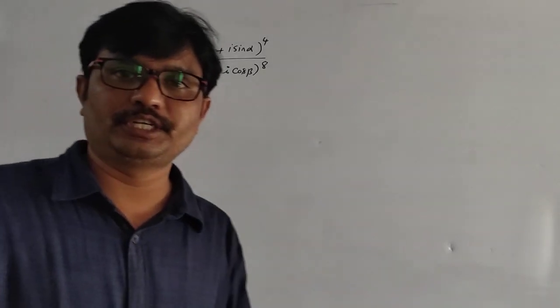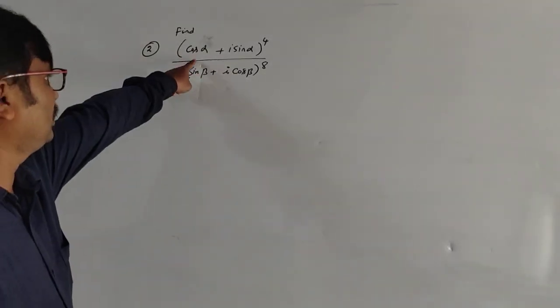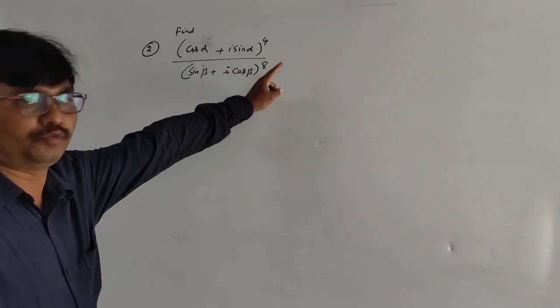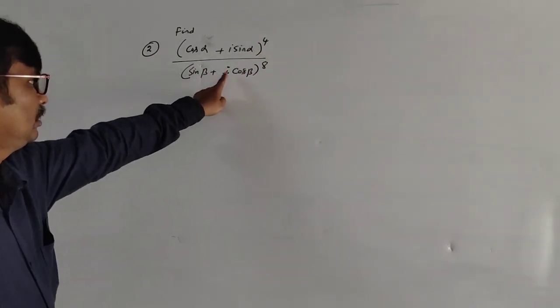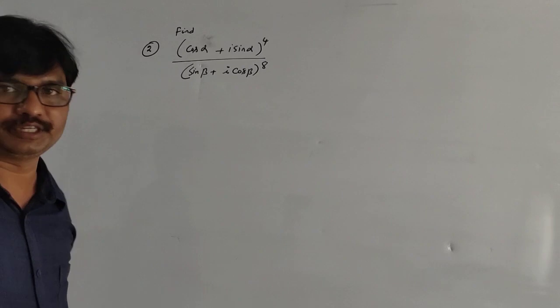Now students, the second question: cos alpha plus I sin alpha whole power 4 upon sin beta plus I cos beta whole power 8.